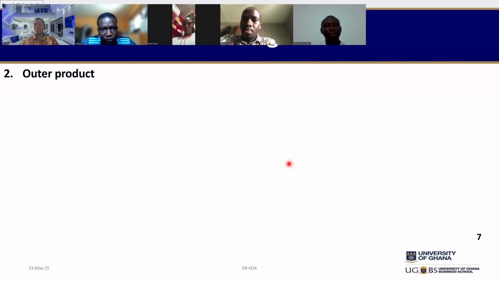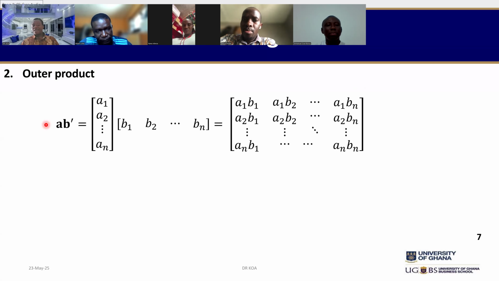The outer product matrix is this. You can see that the A comes first instead of the transpose of the A, and then the B prime is the second element. We first said that A prime B is the same as B prime A, but the question is, is the same true of the opposite?